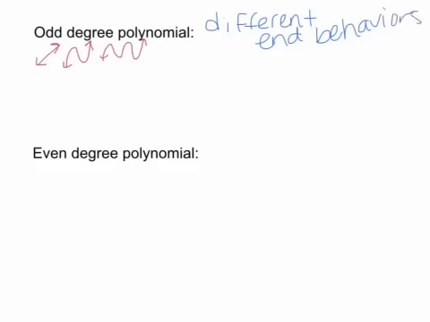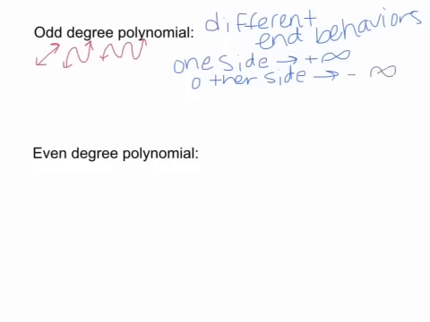One side is going towards positive infinity, whereas the other side would be going to negative infinity. So that's one thing to remember about odd degree polynomials.